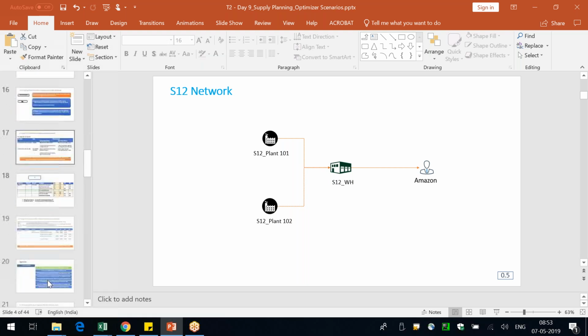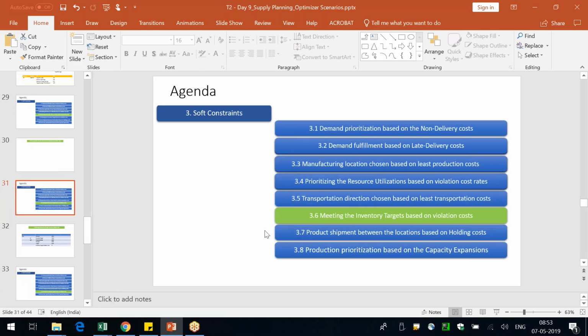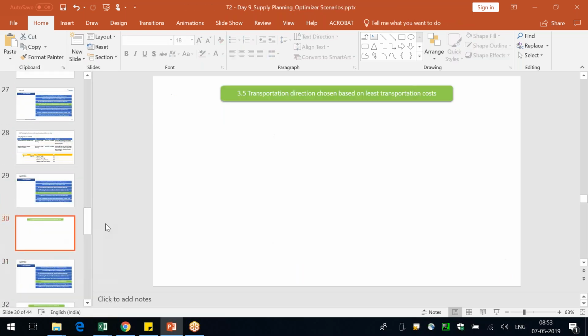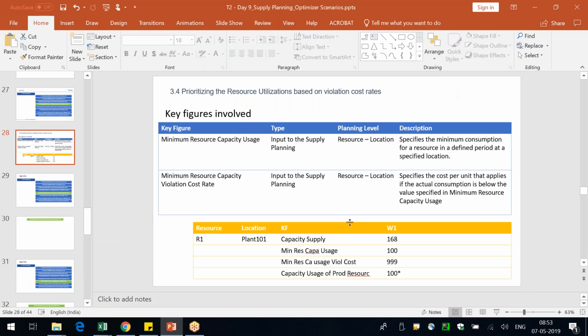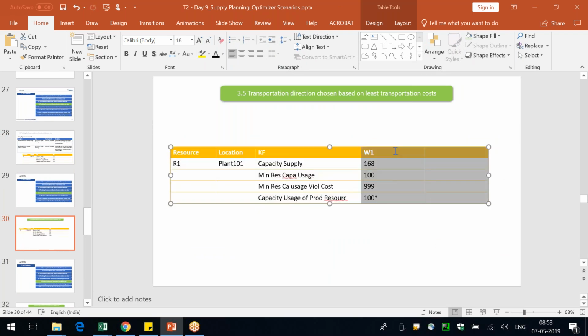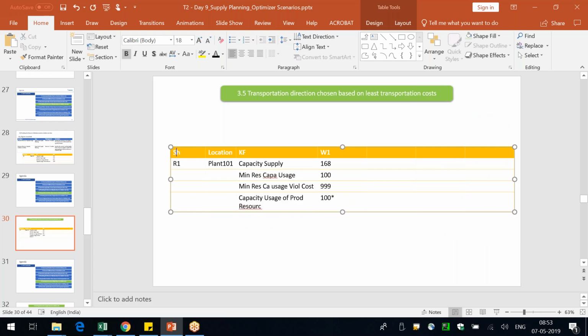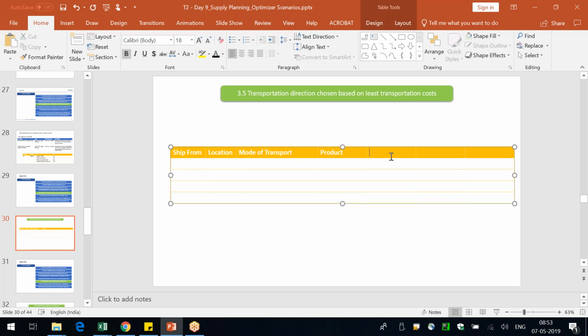Here, if I go to the soft constraints under transportation costs, this one, 3.5 least transportation costs, let me pick this up. This is ship from, this is location, this is mode of transport, this is the product, and then this is a key figure.